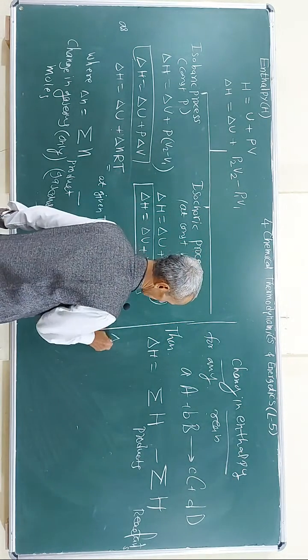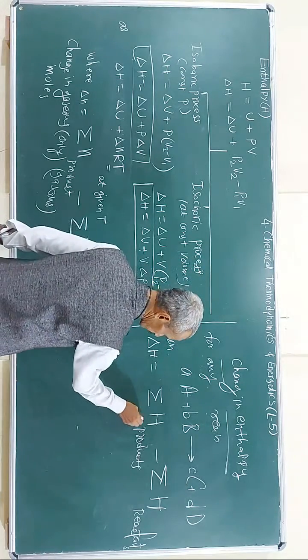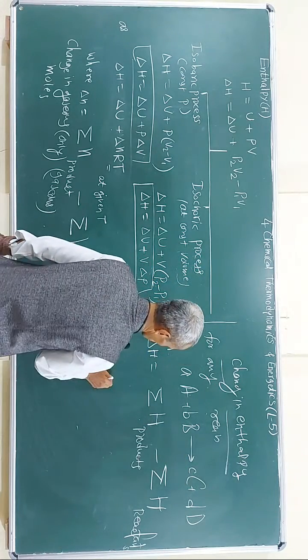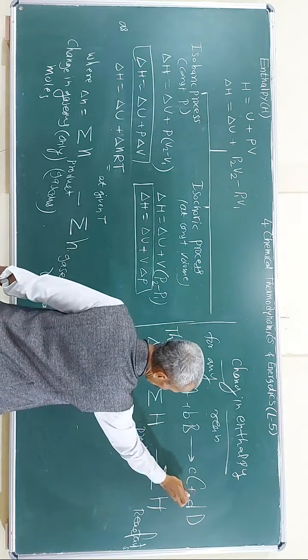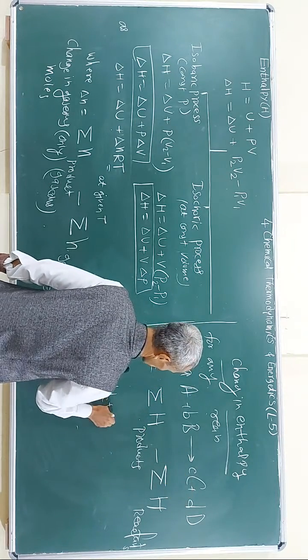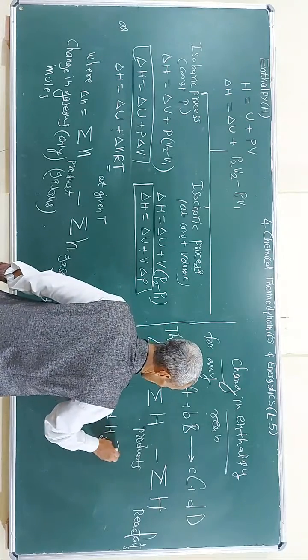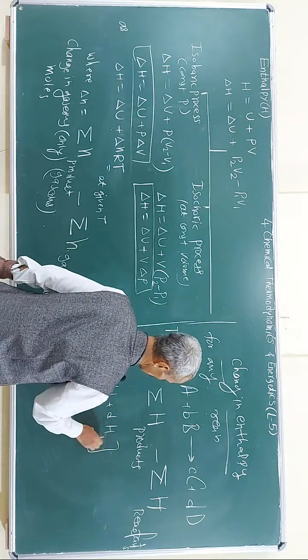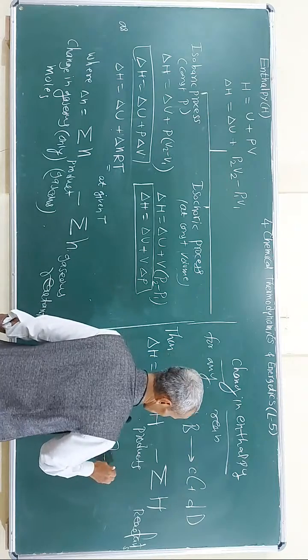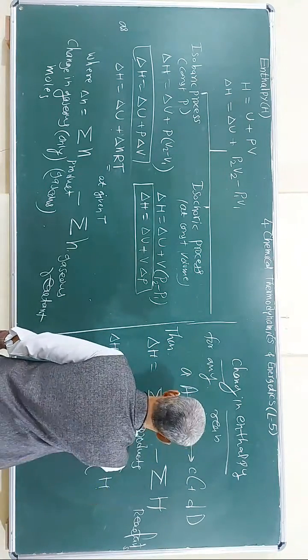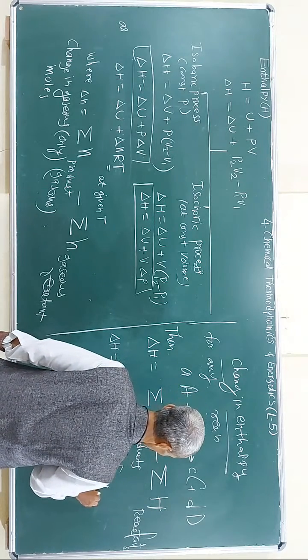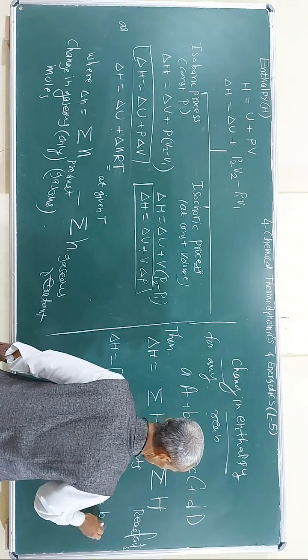So this can be written as c times the enthalpy of C plus d times the enthalpy of D, minus the sum of a times the enthalpy of A and b times the enthalpy of B.